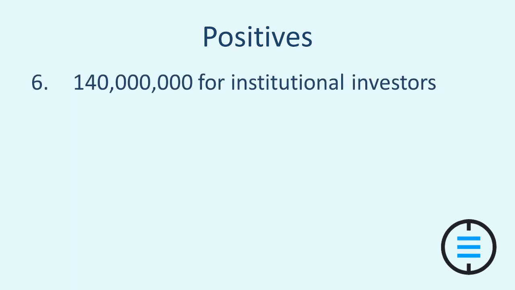So the other positives were that they actually sold 140 million tokens to institutional investors. And the reason I say this is a positive is that if institutional investors are investing in this ICO, then you know it's got legs. We, as the little people, normally for IPOs and different investments don't get a chance to participate until ICOs came along.